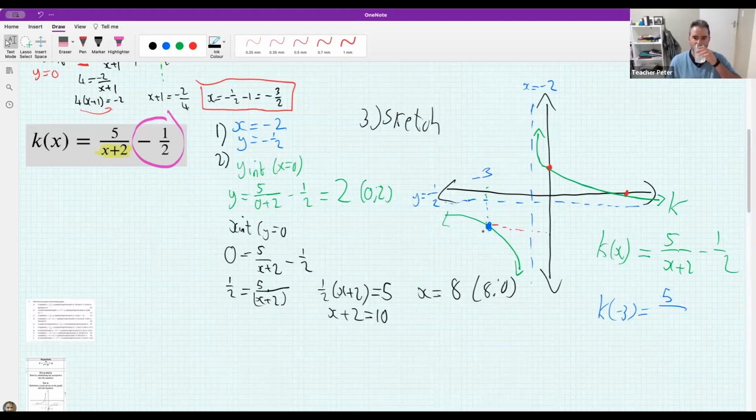Aren't you lucky? What is k of -3 going to be equal to?